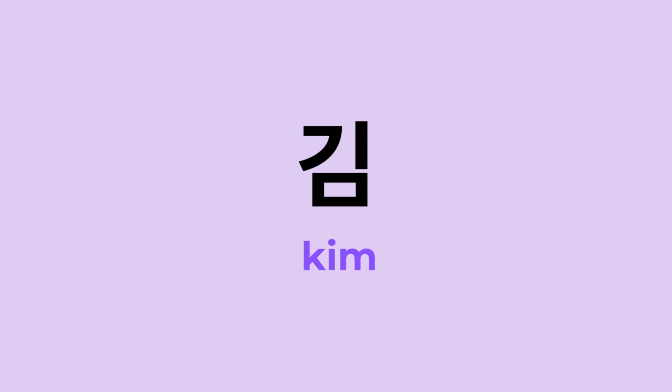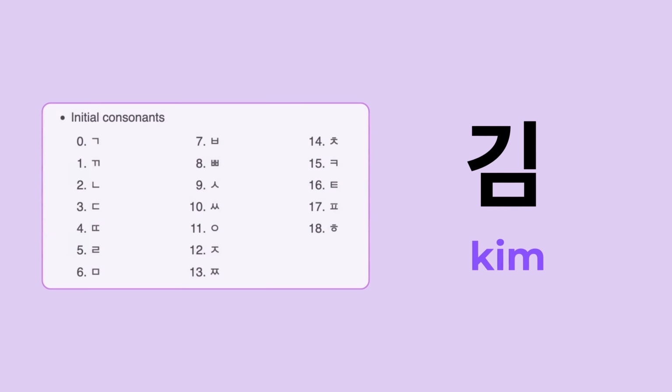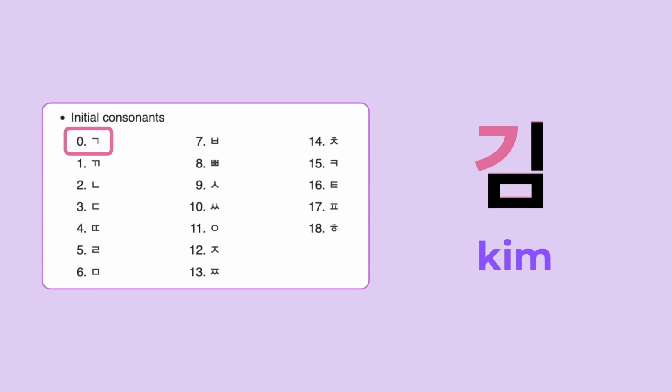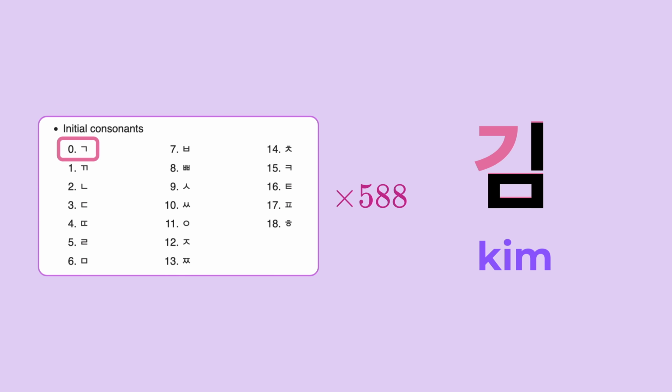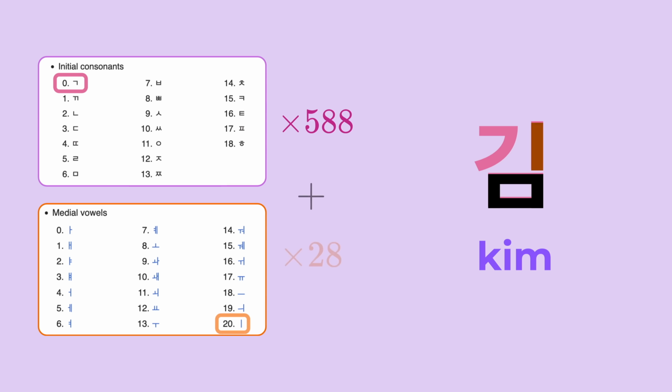This syllable here would traditionally be romanized as either KIM or GIM. It's the first syllable in kimchi, as well as the most common Korean surname, Kim. Let's break this down using the formula. We take the first consonant and get its value in the first table and multiply it by 588. Then we take what's called the medial, which is this vowel E, look up its value, multiply it by 28, and add it to our current total.